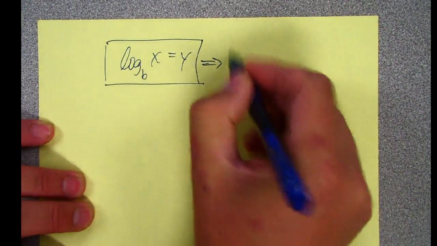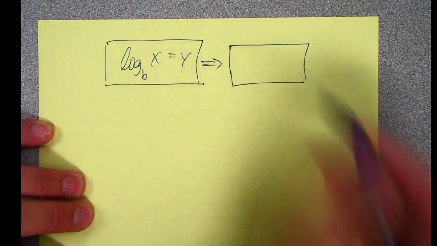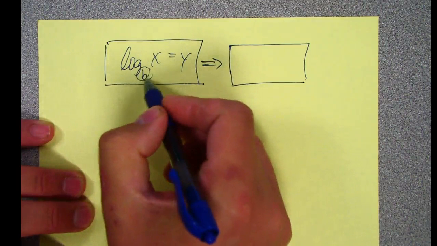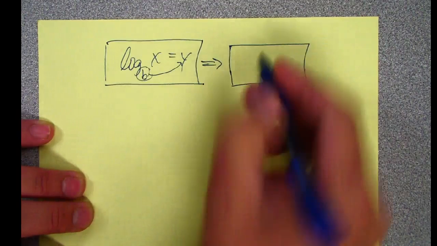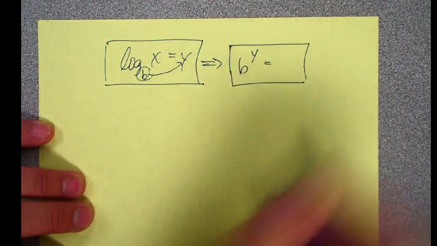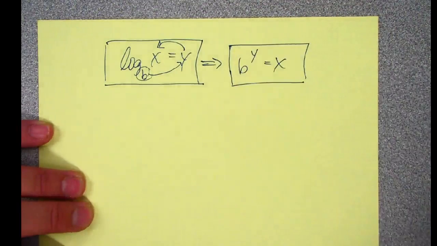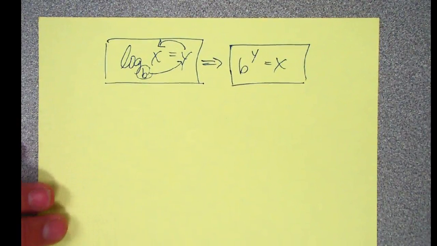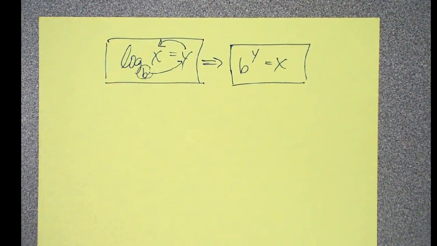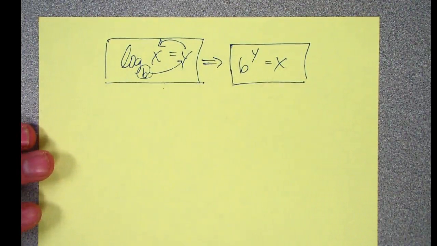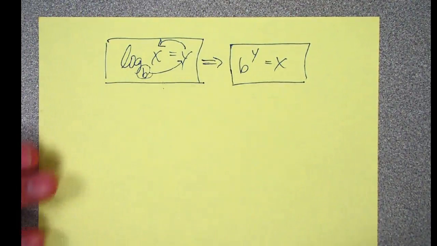Well, all that means is you do this little circle move, and that would be b to the power of y equals whatever x is. So whatever's in that spot. So the first thing you got to be able to do is just understand how to rewrite them and go back and forth between those two forms. Usually you're going in this direction, but it helps you understand it if you can go backwards too.